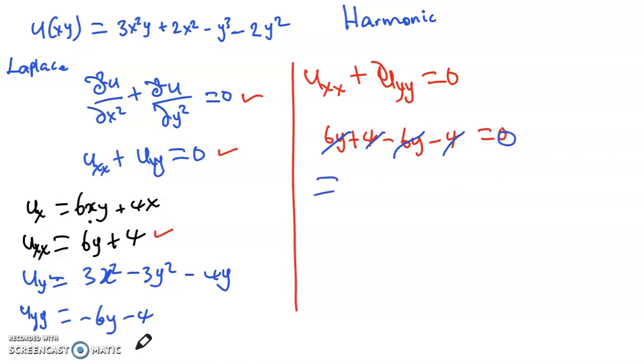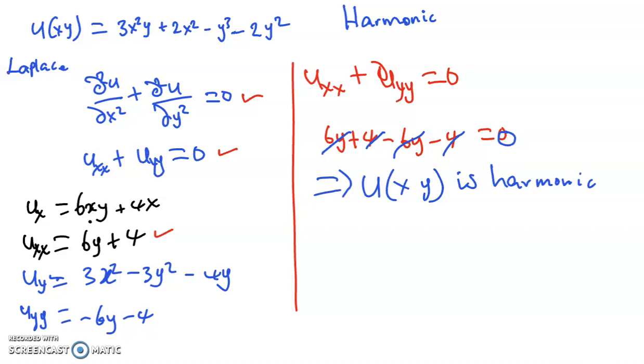Having done that, you can now conclude by saying that this function that we are given, in x and y, is indeed a harmonic function. And this is how you can prove that a function is harmonic or not. If you are given any question, simply pay attention when you are differentiating with respect to x. You must have that basic knowledge of partial differentiation.